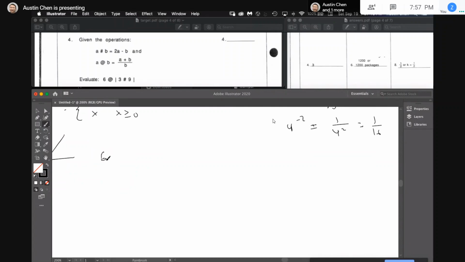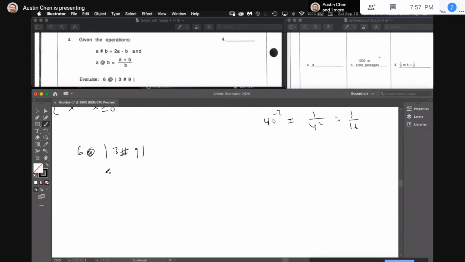Okay, so let's just evaluate that. So we have 6 at the absolute value of 3 hashtag 9. So let's evaluate 3 hashtag 9. We're given a hashtag b equals 2a minus b.